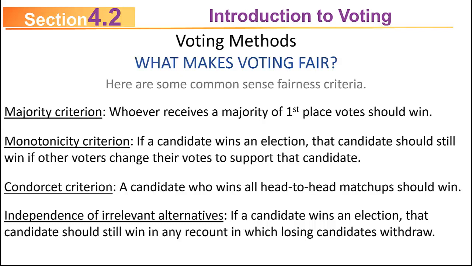And there are other things. We're going to stick with these four: majority criterion, monotonicity criterion, Condorcet criterion, and independence of irrelevant alternatives criterion. Four common sense things that seem to make an election fair. So you might say, whatever election method we use, it should at least satisfy those four criteria for fairness.